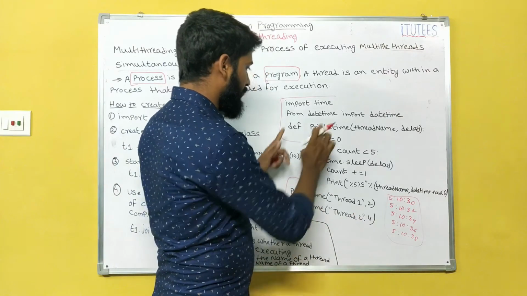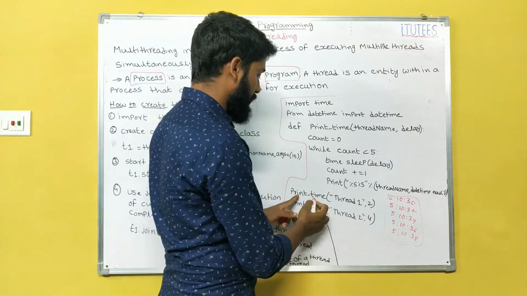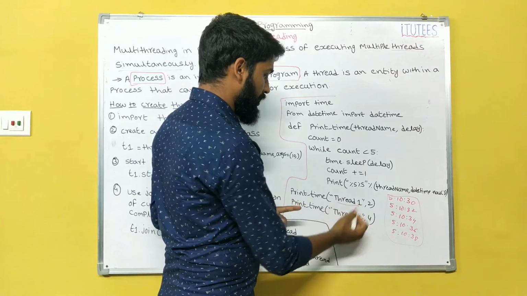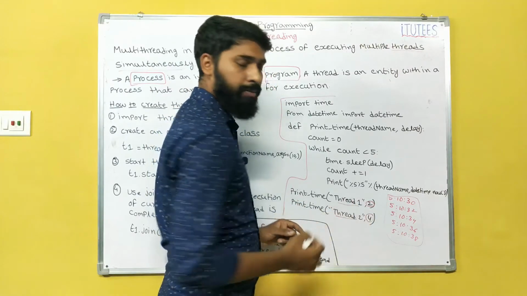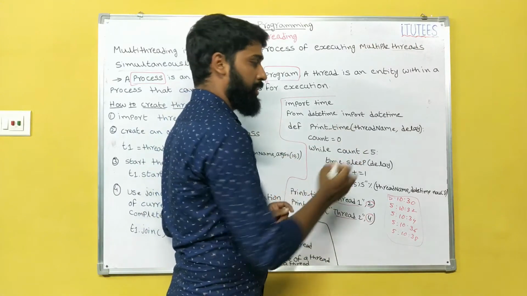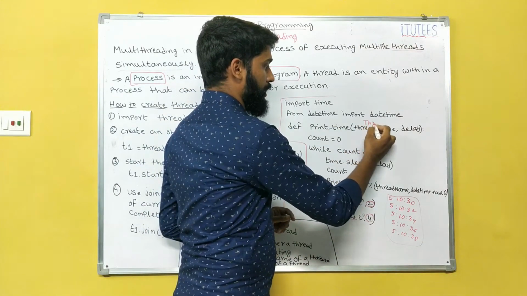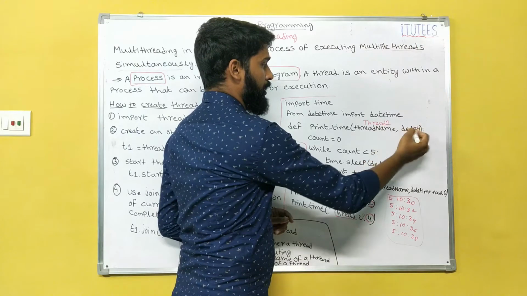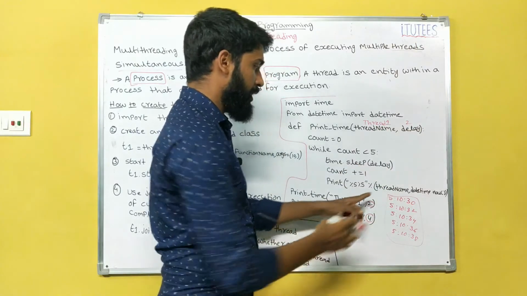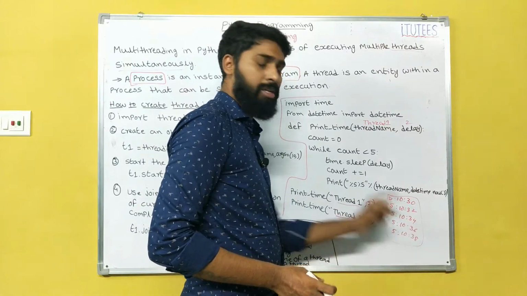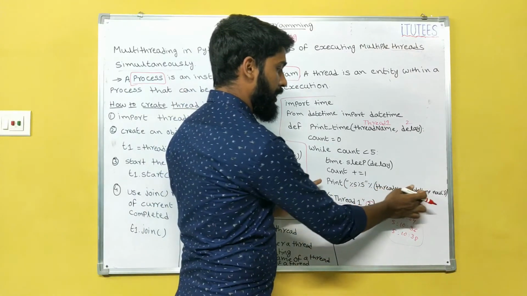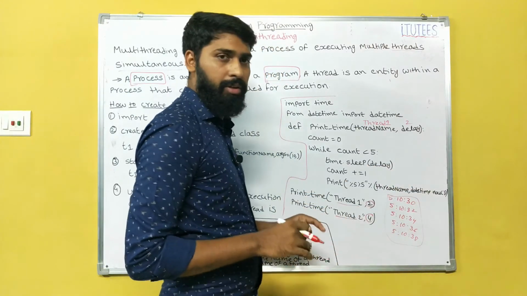Here I call this function two times. One is with the arguments thread1 and 2, and the other is thread2 and 4. Here the name is thread1 and the delay is 2. That means for every 2 seconds the output is 30, 32, 34, 36 and 38, printing the date and time of now.